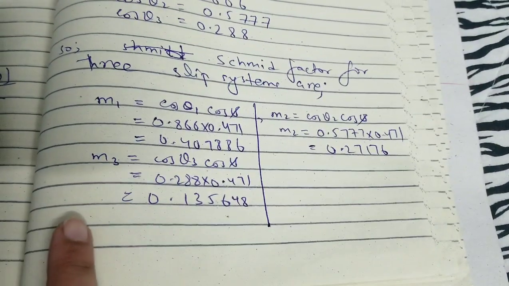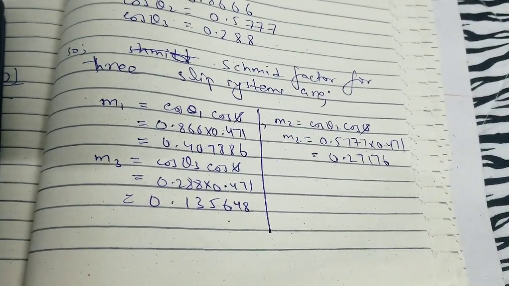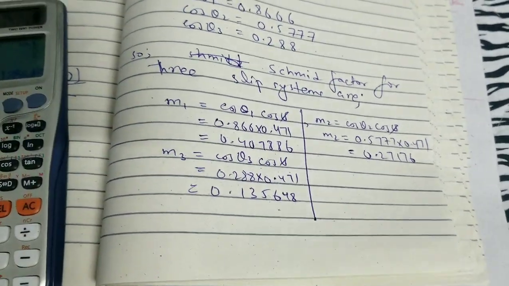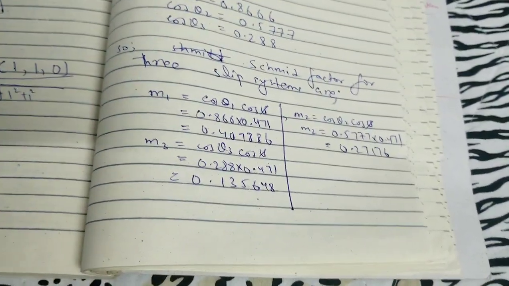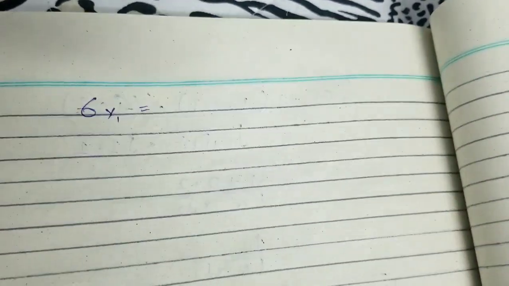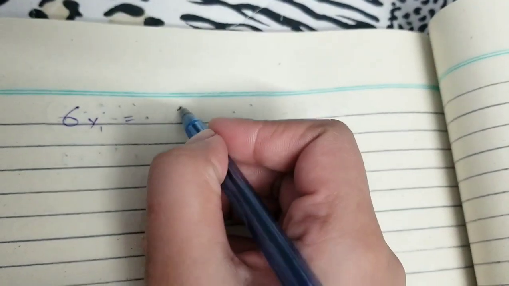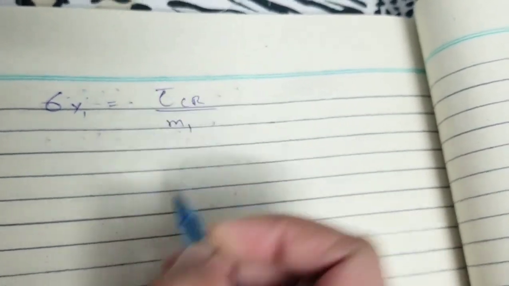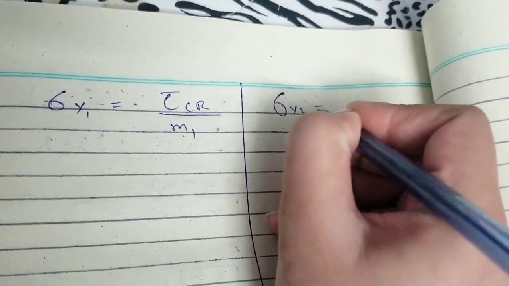So these are the m1, m2 and m3 values, and we already know the value of the critical resolved shear stress. Now we just need to put the values into equation number 1 to get the critical normal stress values for all the slip directions. So we'll do it for direction number 1, and direction number 2.